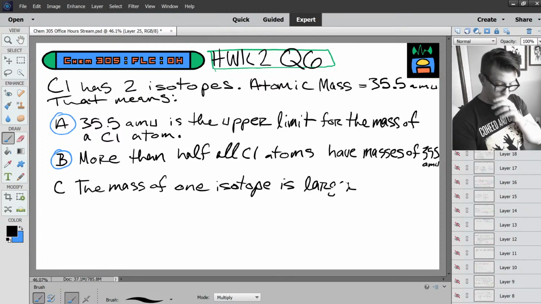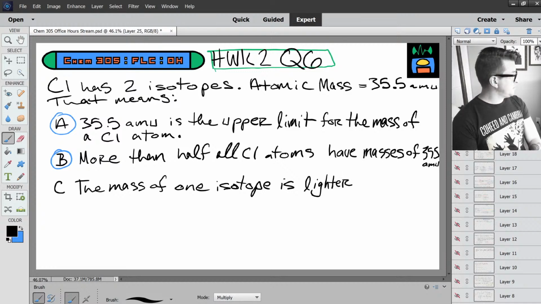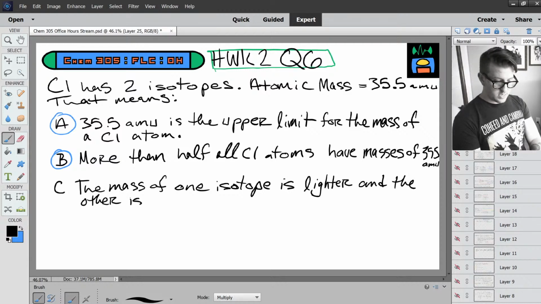Oh, sorry, it says lighter, and the other is heavier than 35.5.